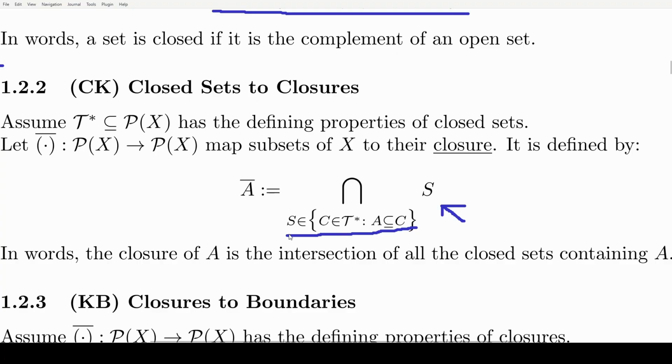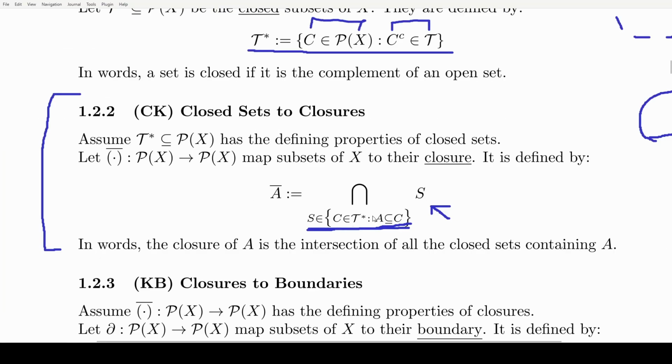It is the intersection of all the closed sets containing A. So every closed set containing A is in the intersection, and intersections can only make things smaller since it's like taking away points. And it contains A because every set in the intersection contains A. So it's the smallest closed set containing A.